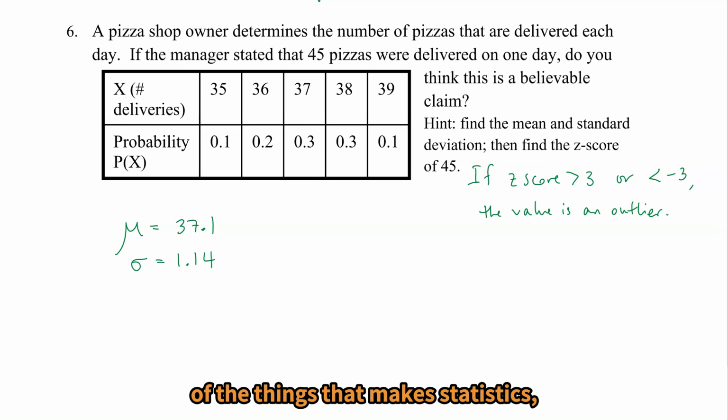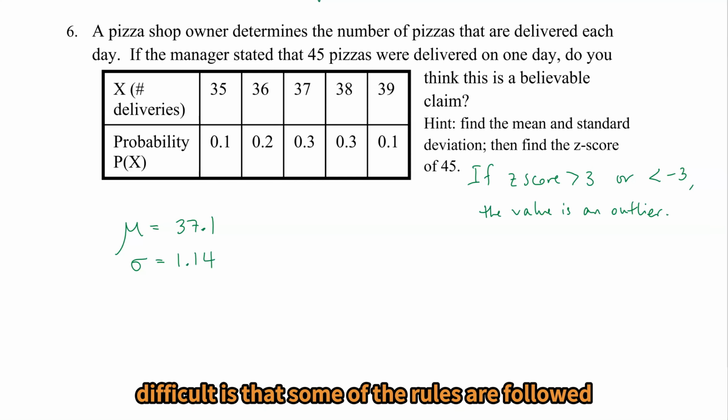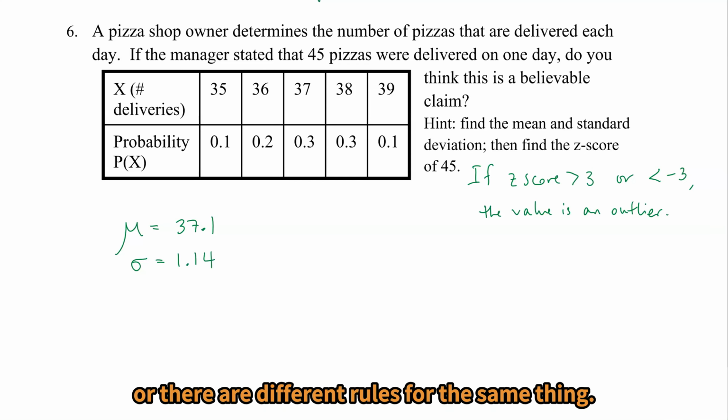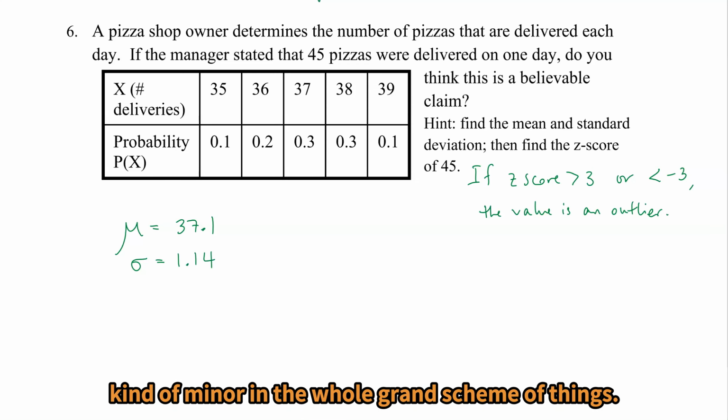It's one of the things that makes teaching statistics for me difficult, is that some of the rules aren't followed, or there are different rules for the same thing, like on our quartiles from before. So it just makes for ambiguity, and I'm not a big fan of ambiguity, but sometimes it's okay. So here, 1 decimal place is kind of minor in the whole grand scheme of things.